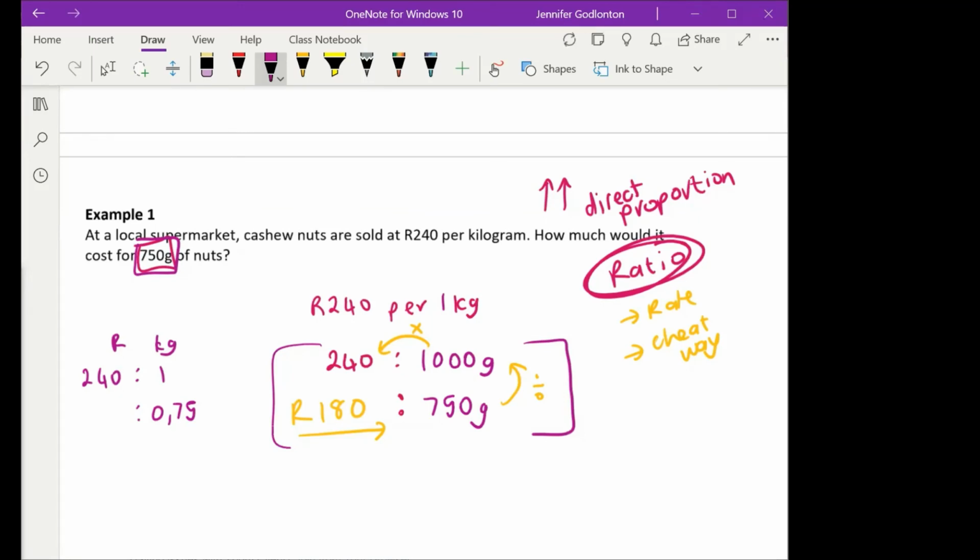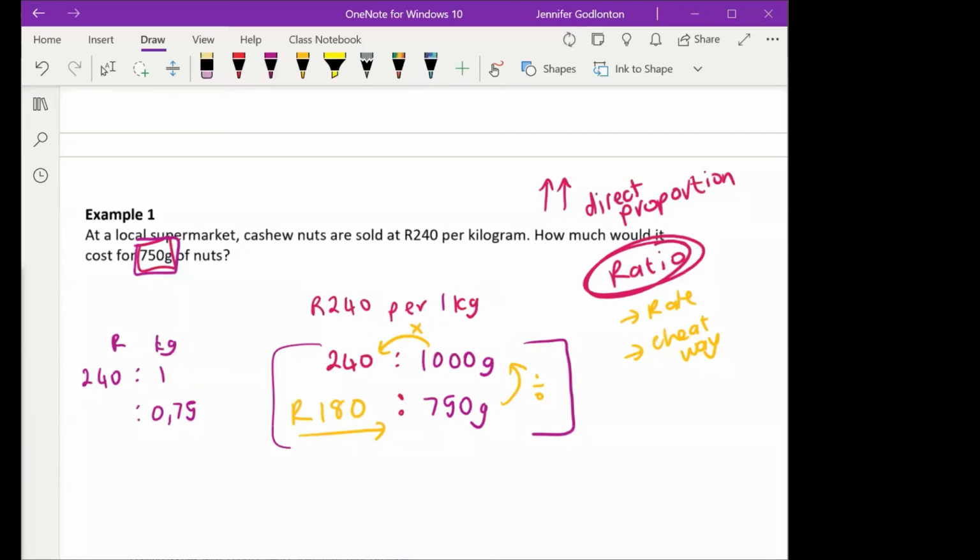Okay. So to re-explain this, direct proportion is just a fancy way of looking at rate and ratio. So when we're looking at this, we say, well, we've got 240 Rand, and that can get us 1 kilogram of cashew nuts. That was the original information that we were given from our story.